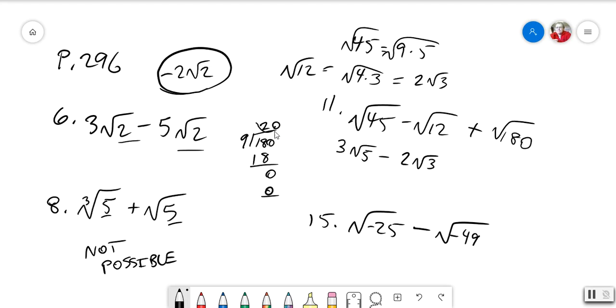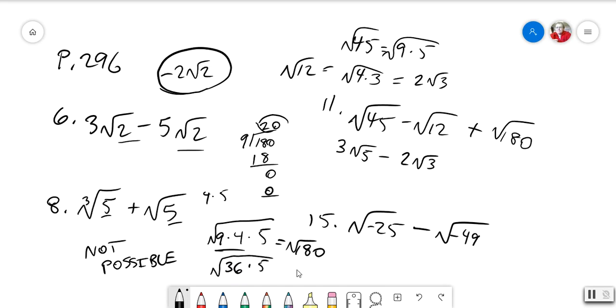Well, 20 itself is 4 times 5. So 9 times 4 times 5 is equal to 180. 4 times 9 is 36, so it's 36 times 5. 36 is perfect. So you get 6 root of 5 for that.